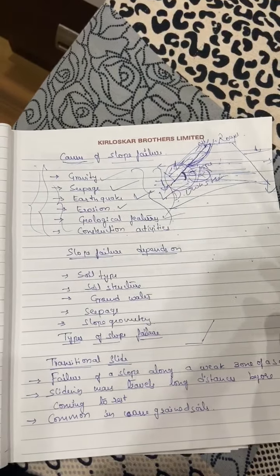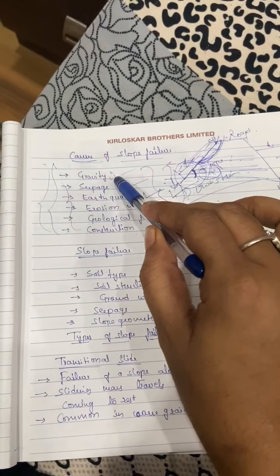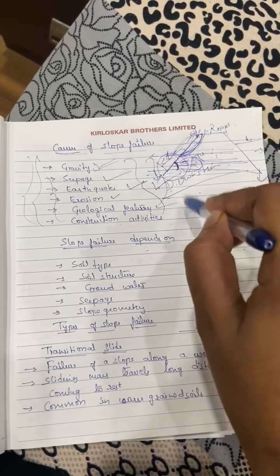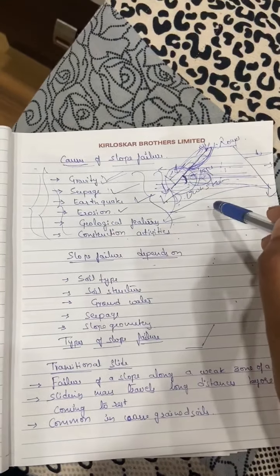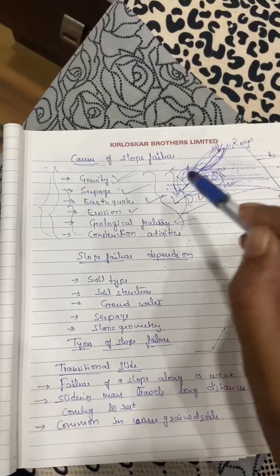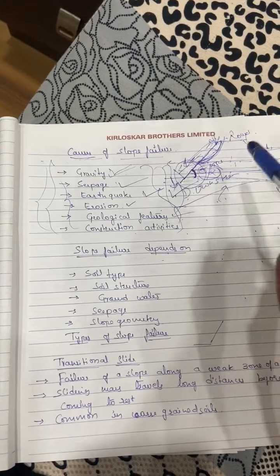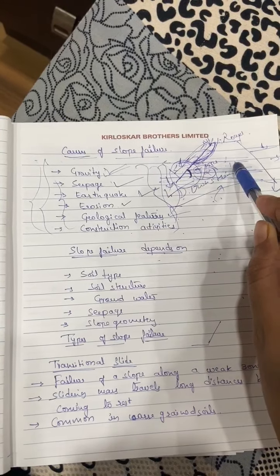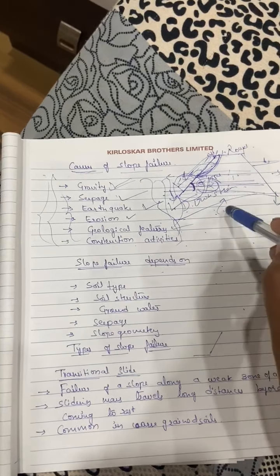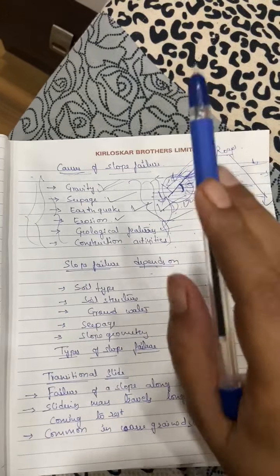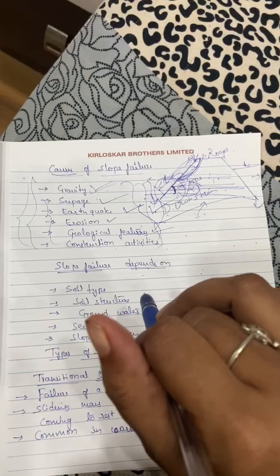If gravity force is more than the resistance of the soil, the slope is going to fail. Same thing here. Whatever stress is developed because of these forces, if that stress is more than the strength of the slope soil, then the slope is going to fail, or else it is a stable condition.